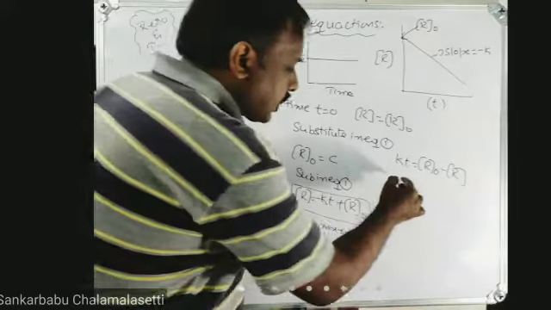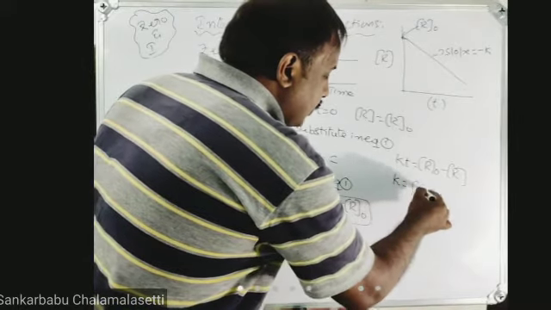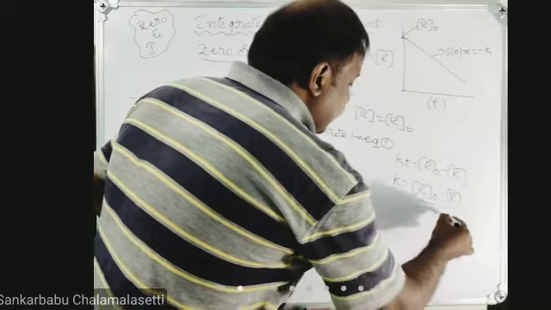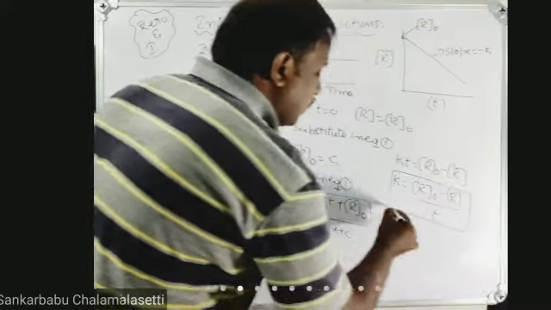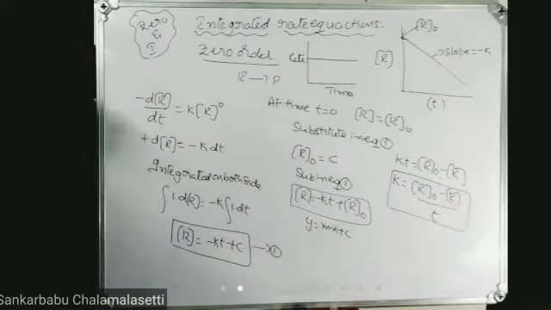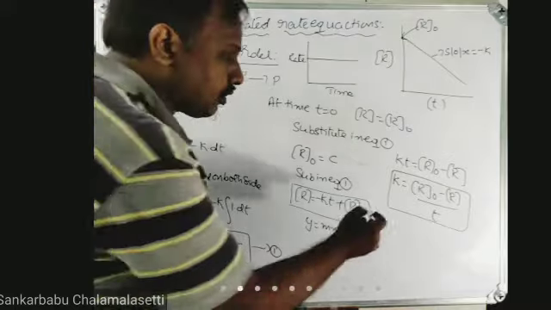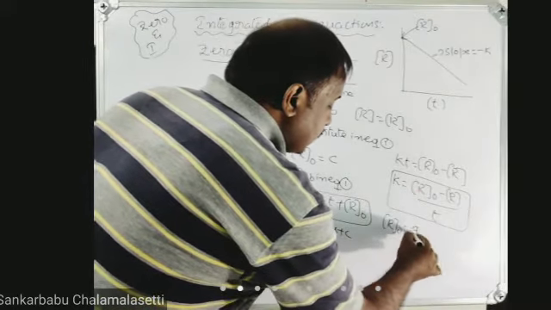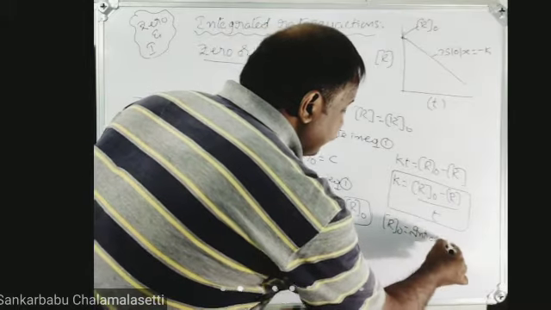So from this we can write k is equal to R0 minus R by t. This is the integrated rate equation for zero order, where R0 is equal to the initial concentration.